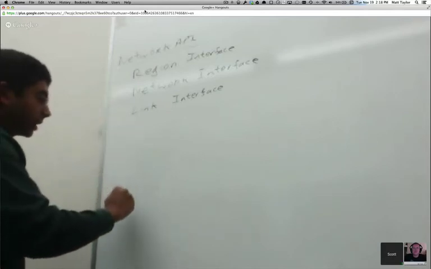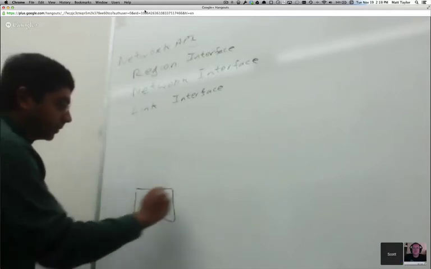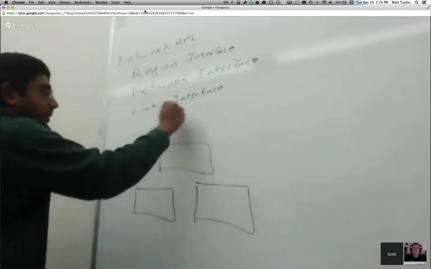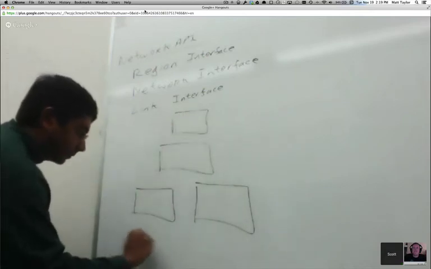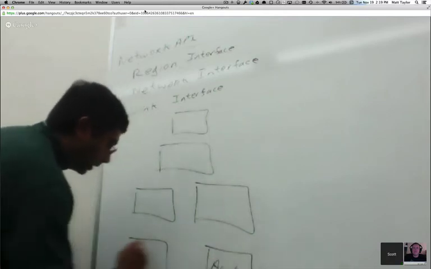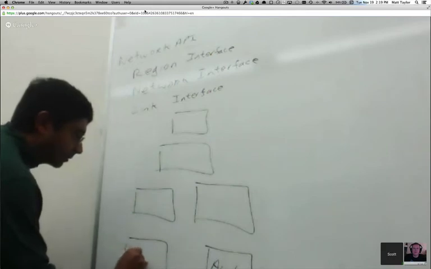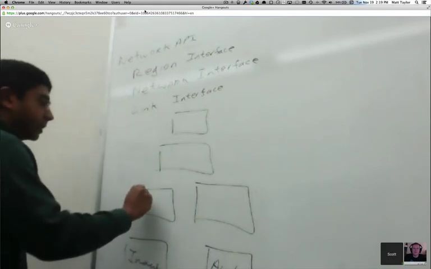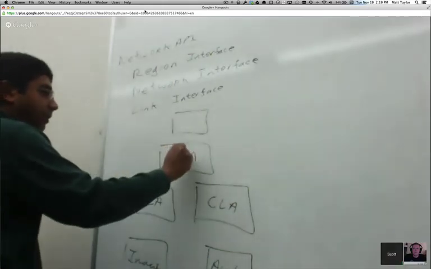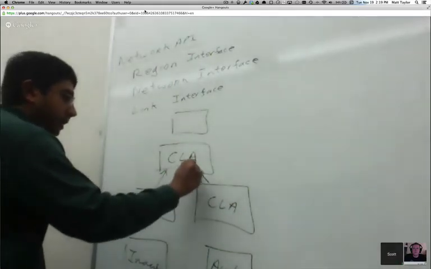And so you could set up, for example, a network like this. Let's say this has audio sensors, this has image sensors. This is a CLA region. Here's another CLA region. These are all feeding in this way.